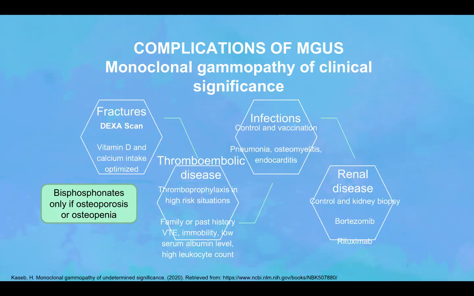And the renal disease is also something that we need to discuss in these patients, and we need to have control, and in some cases we're going to do a kidney biopsy. Some of the treatments that they're using for these patients are bortezomib and rituximab. Some of the treatments that we use in these patients are going to be off-label. They're FDA approved for other diseases, but not for MGUS.